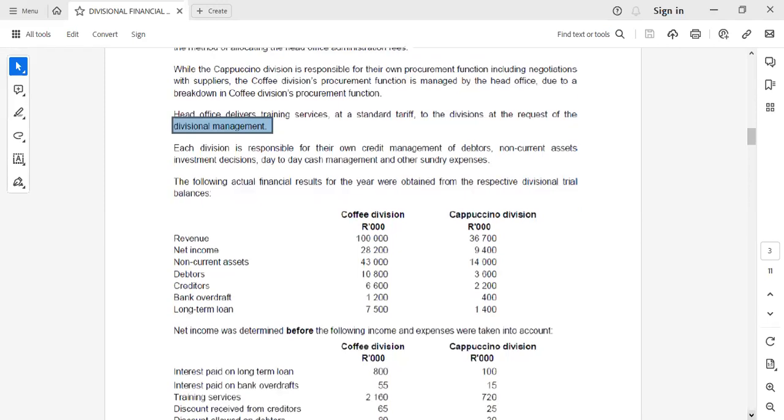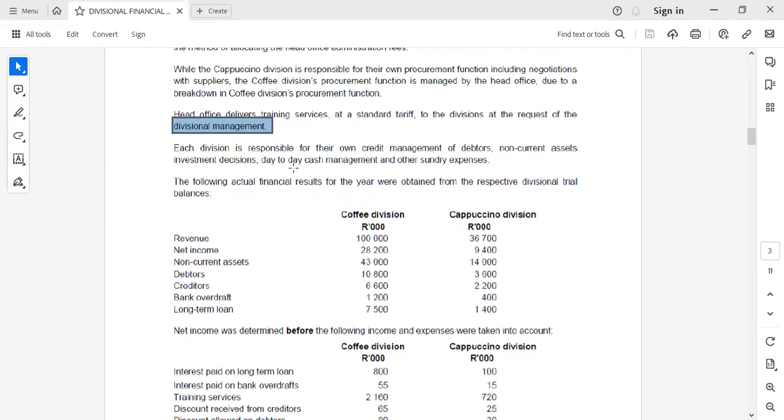The following: each division is responsible for credit management of debtors, non-current assets, investment decisions, day-to-day cash management, and other sundry expenses. So we will know that they control anything to do with debtors. So we include it in evaluating their performance, everything to do with non-current assets, cash, and other sundry expenses.